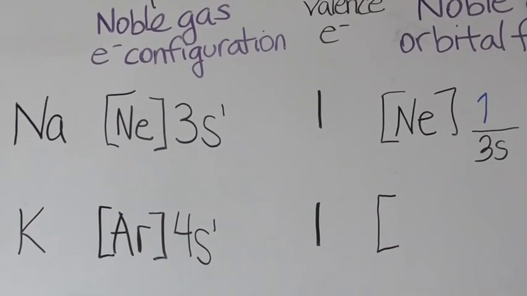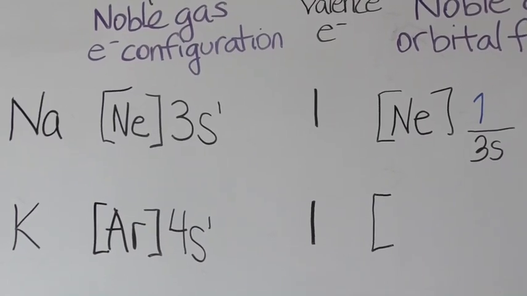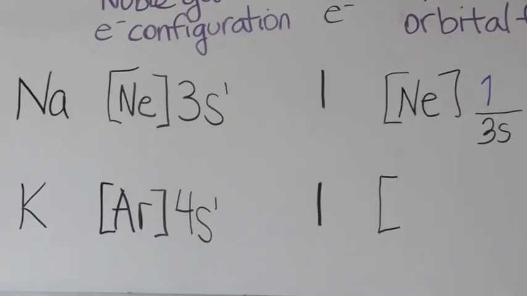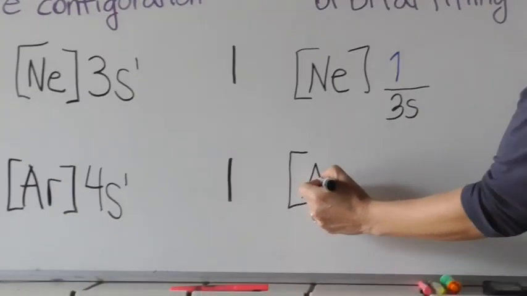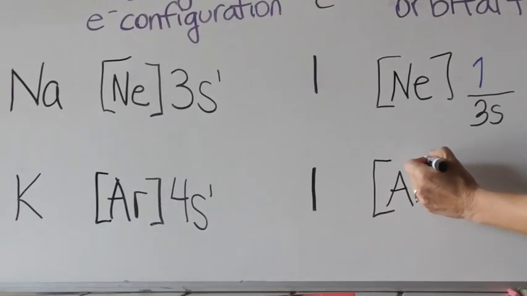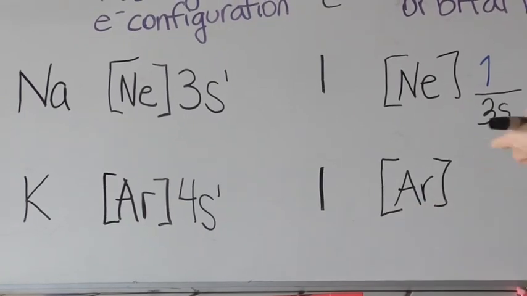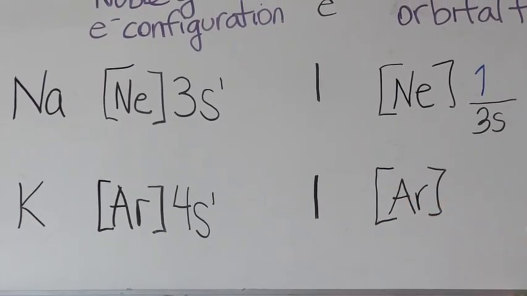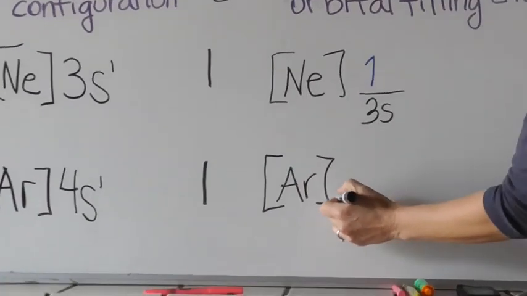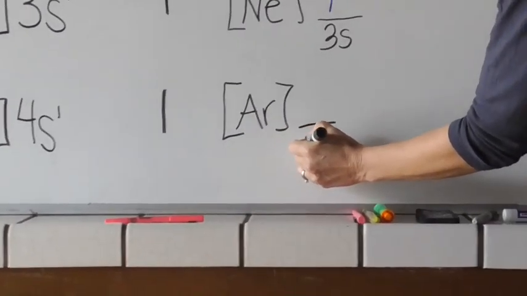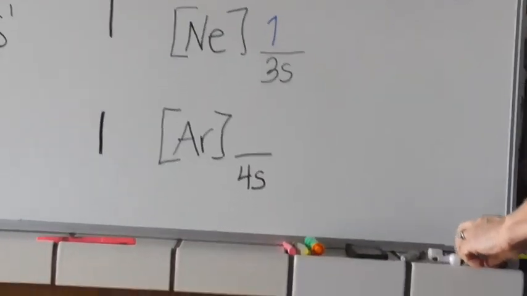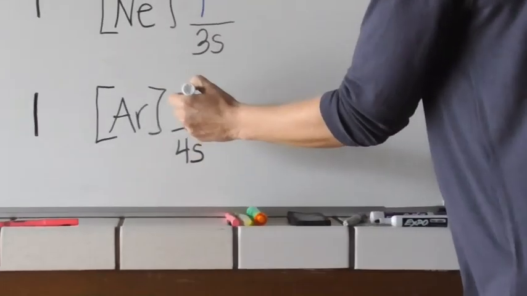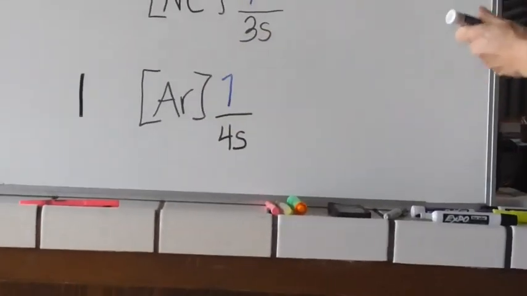So if you want, you can pause it for a second and draw the orbital filling diagram. So for potassium, put argon in the brackets, and then the orbital filling diagram has the line for the orbital. It's a 4s, and there's one electron.